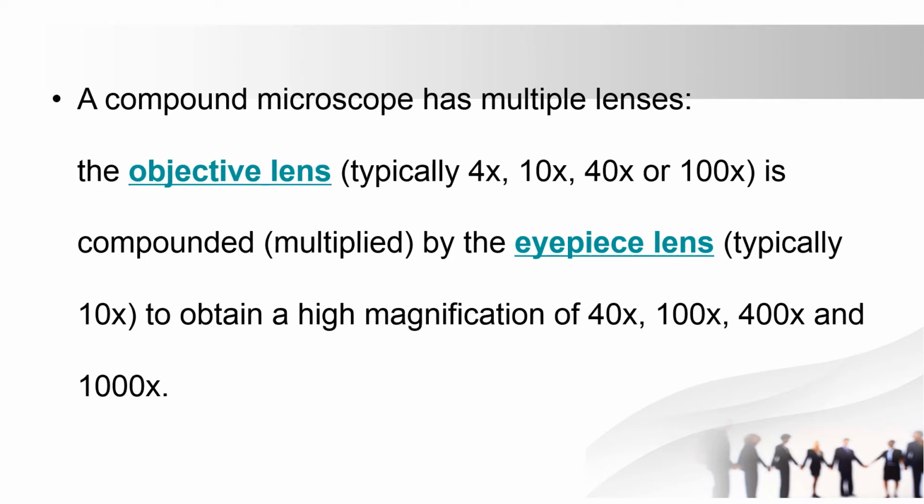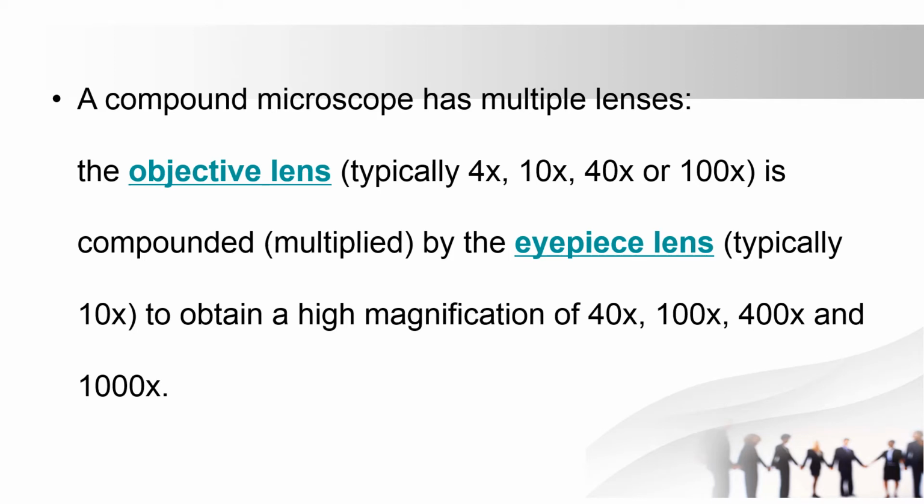Likewise, when you combine the eyepiece, which is times 10, with the objective lens, which is times 10, then you are also going to obtain a high magnification of times 100.